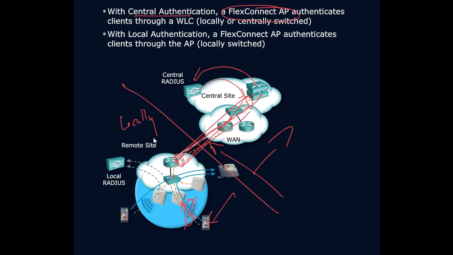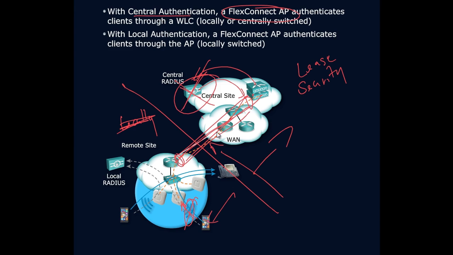If we are centrally switched and centrally authenticated, and that central authentication fails, let's say just the RADIUS server fails, again, we're going to be fine until we create a situation where we have to be re-authenticated, where our lease time is up or some type of security prompt has been issued. Like we don't have our centralized key management working or something else happened. That's only if just the RADIUS server fails.